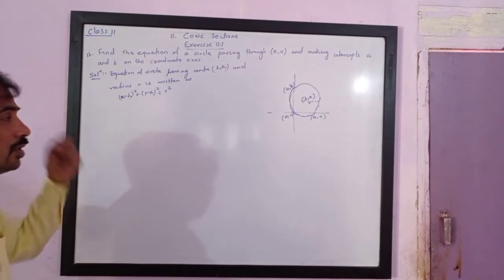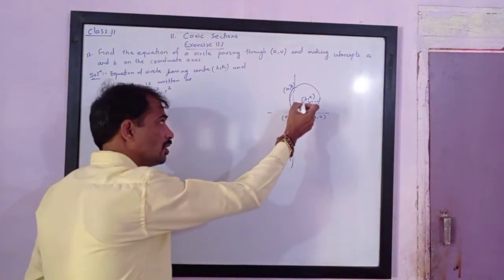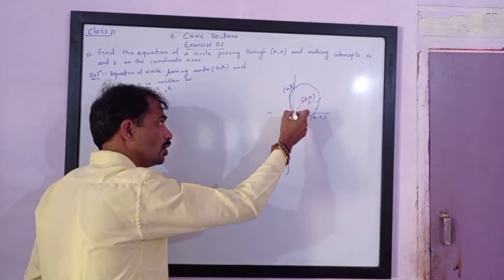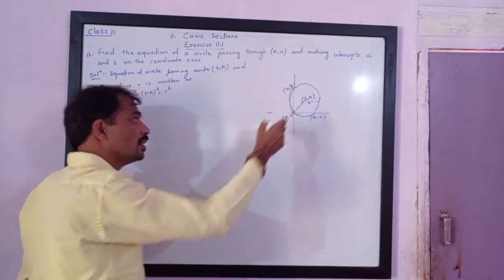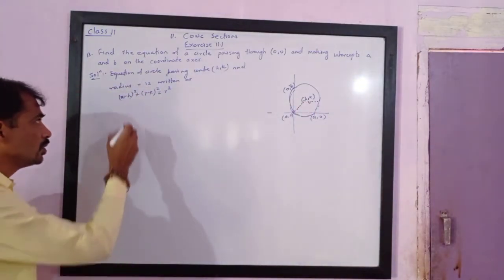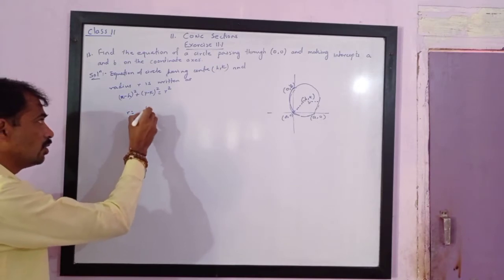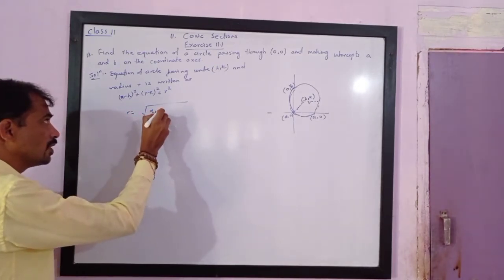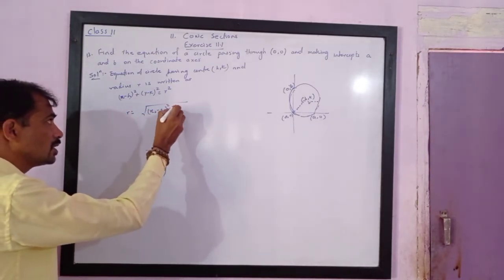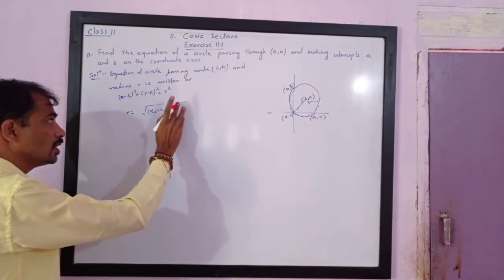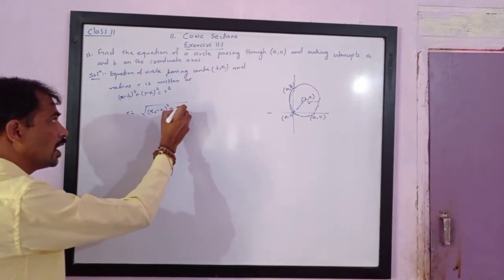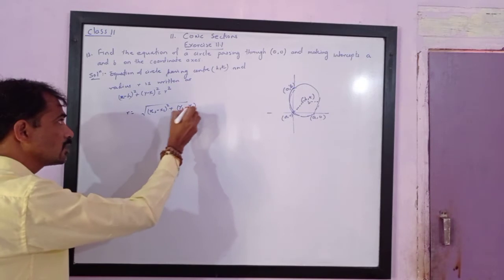Now please note, from the center to the origin we can easily find the radius. Radius is equal to under root (x2 minus x1) whole square plus (y2 minus y1) whole square.